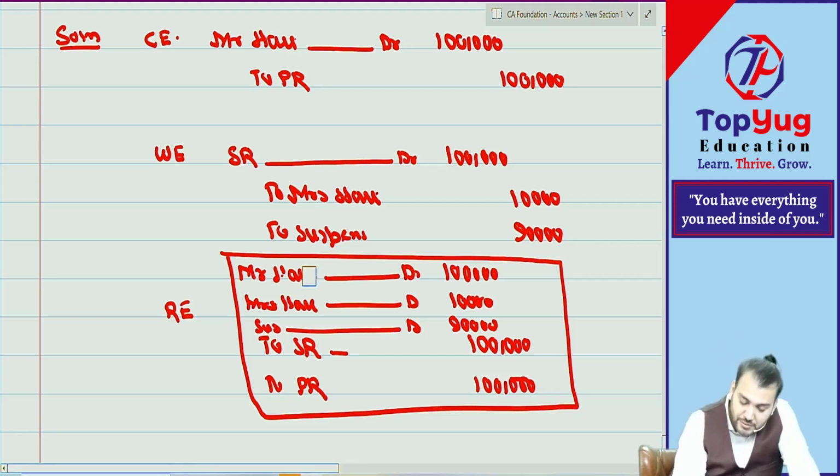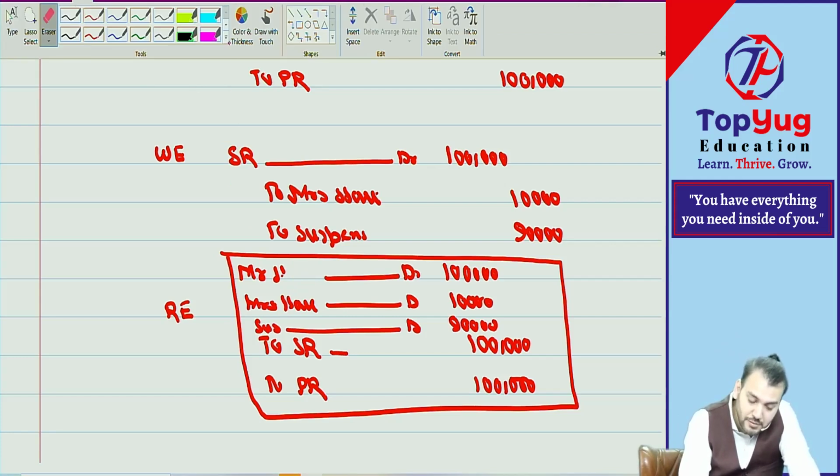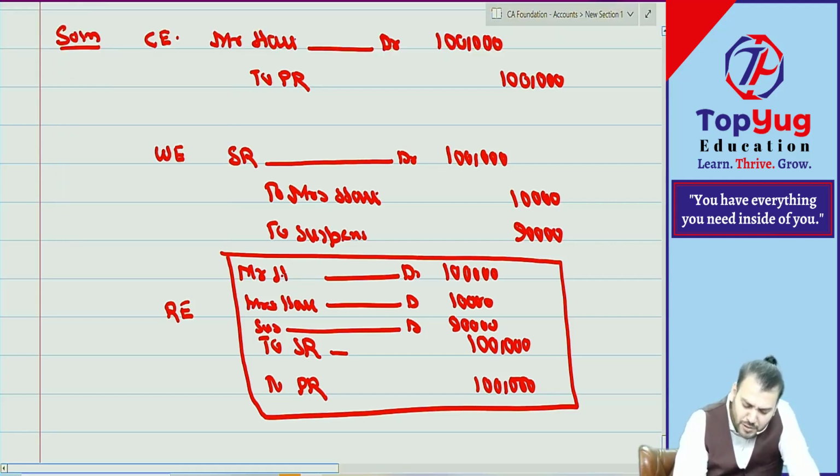How many have done this? Only one. But most of you have done this correct now, correct and wrong. Simple now. Sales return is wrongly debited, so it will be credited by 1 lakh. Purchase return should be credited, so we have credited purchase return.